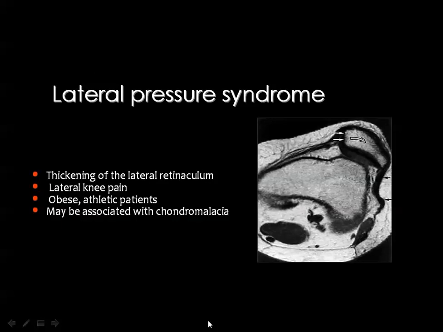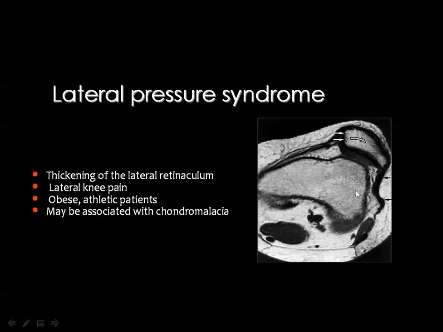And lateral pressure syndrome means that the patella has been displaced laterally away from the intercondylar notch. And you remember, any abnormal displacement of the patella will affect the articular cartilage and facilitates the development of chondromalacia patella.